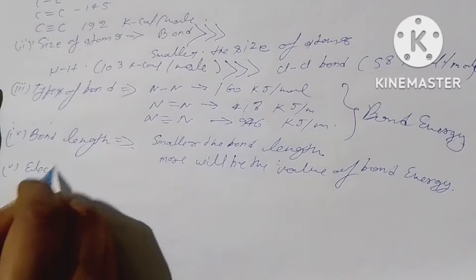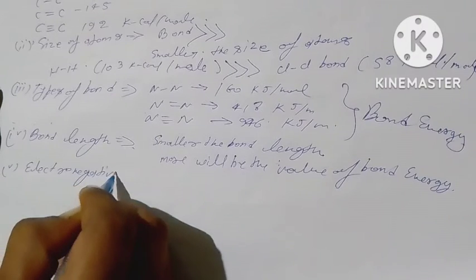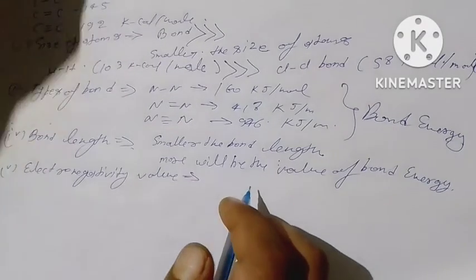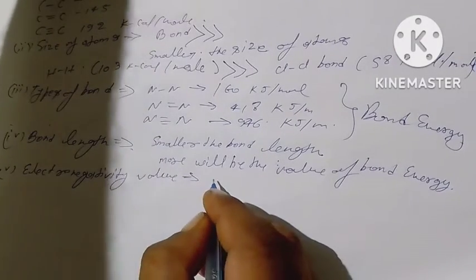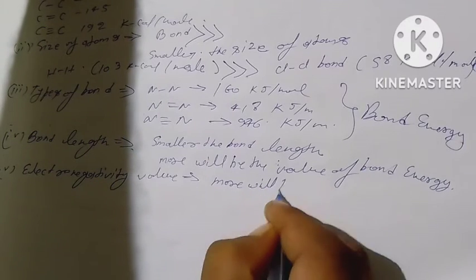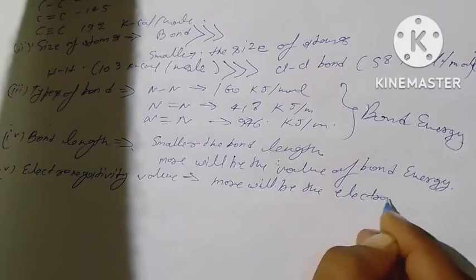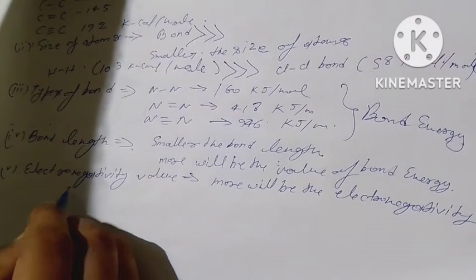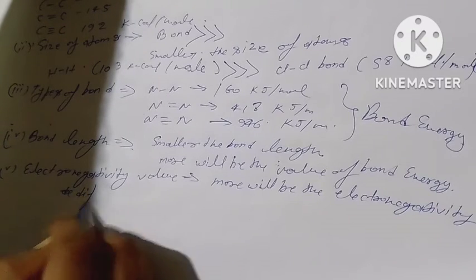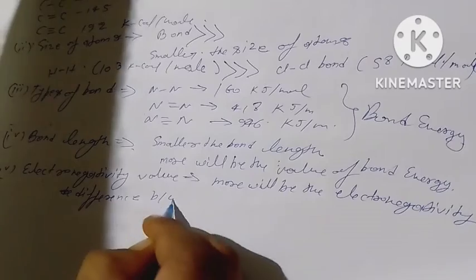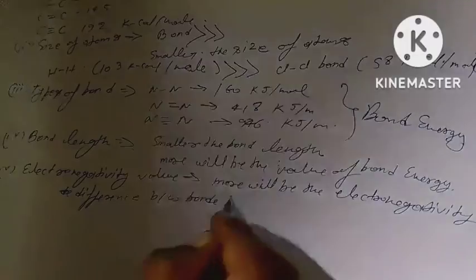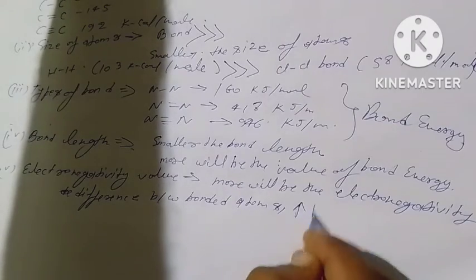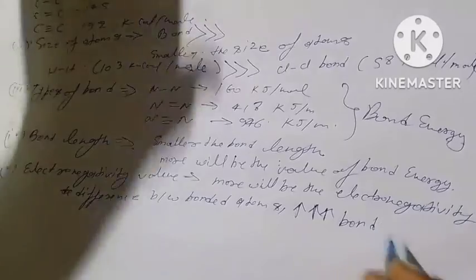Fifth is electronegativity value. More will be the electronegativity difference between bonded atoms, more will be the value of bond energy.